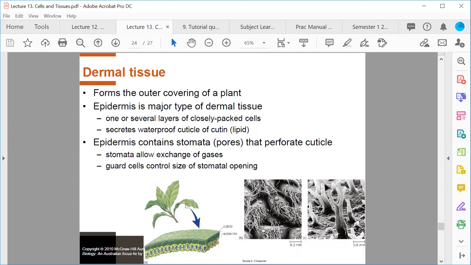We also have other specialised epidermal cells. Here we can see some epidermal cells that have leaf hairs, glands, and these are also specialised, elongated epidermal cells that form what are called trichomes.